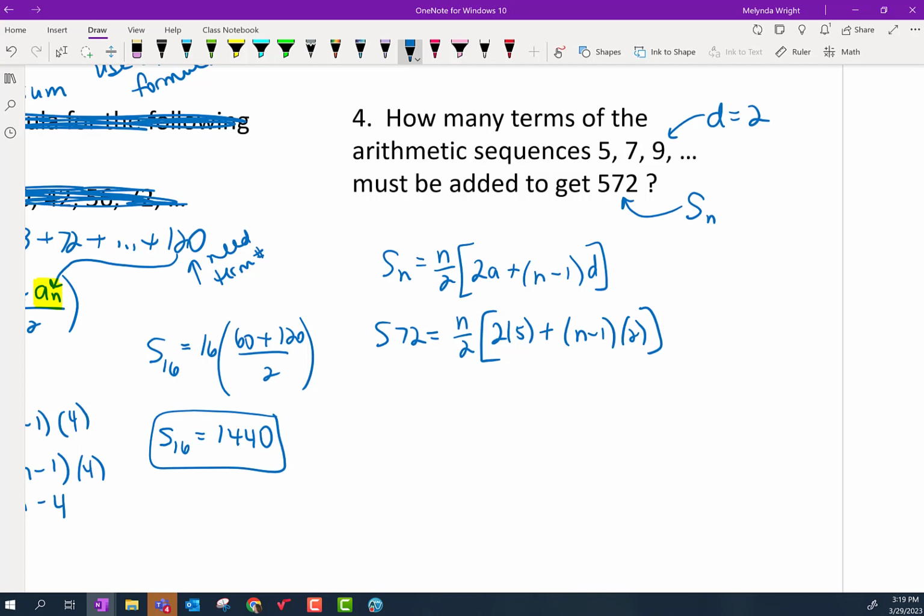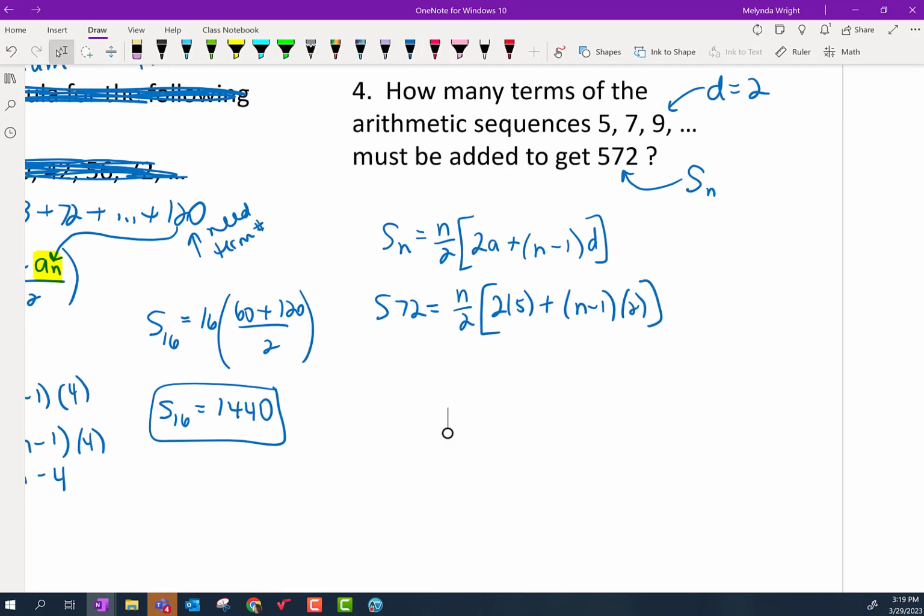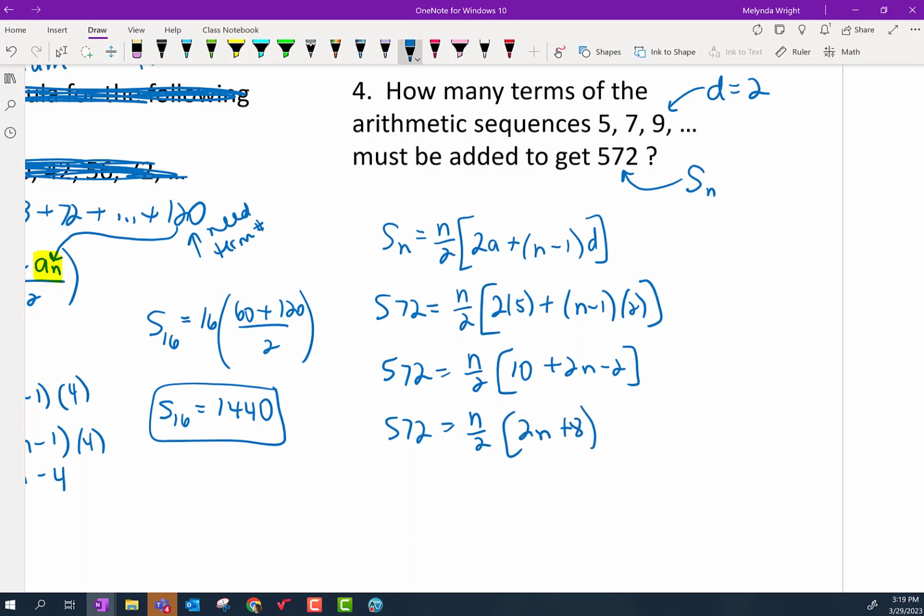Working through this, let's work inside the parentheses first. So 572 equals n over 2 times 10 plus 2n minus 2. Let's continue working inside the parentheses to get that cleaned up. That would be 2n plus 8.